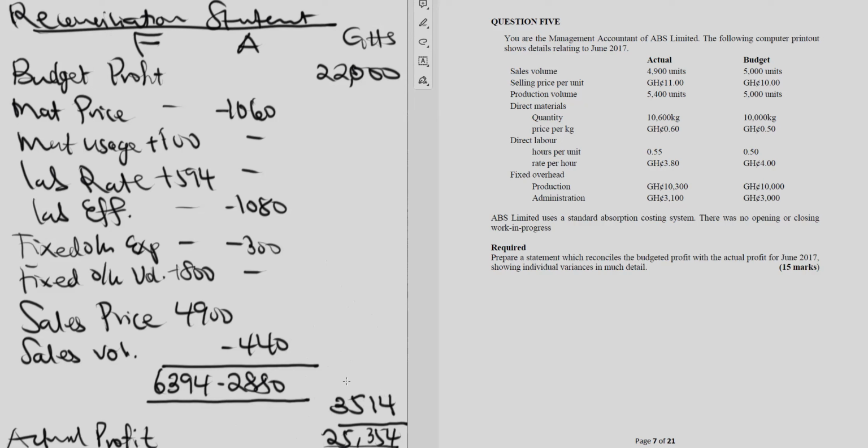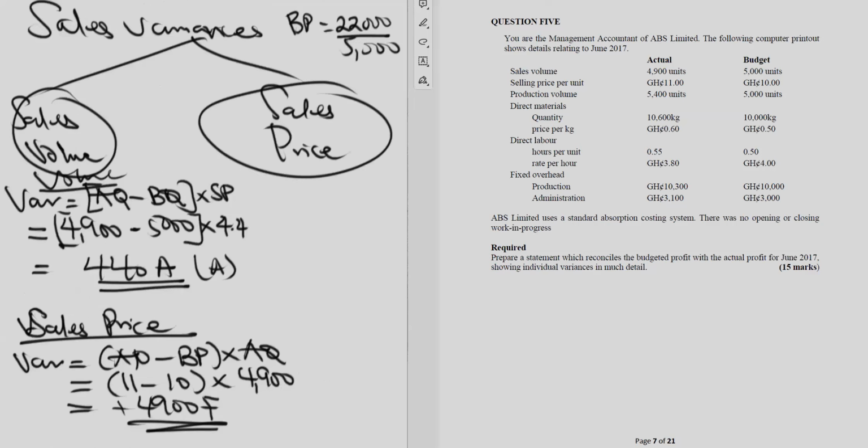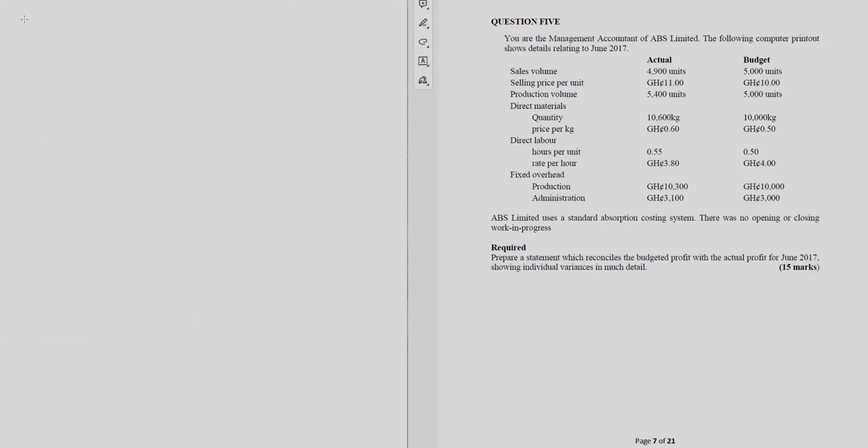Let me see. Yes, yes, yes. There's one more variance we forgot. That is why it is not balancing. There's one last variance, sorry. I didn't bring that variance, and that variance is the admin expenses. So for the admin expenses, there's also a variance.